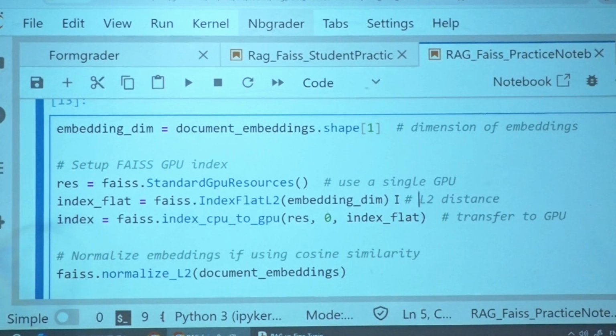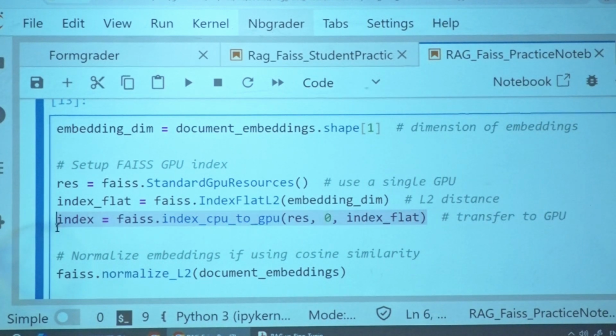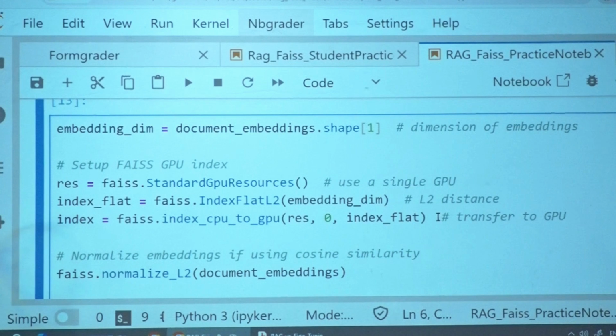Then after having created the index, we say faiss.index_cpu_to_gpu, because that has to be created on GPU. res, which is the GPU resource. I don't know what that 0 means. No, I think that is the ID of the GPU, GPU 0.